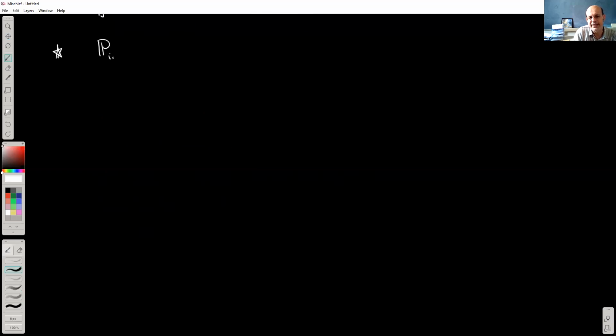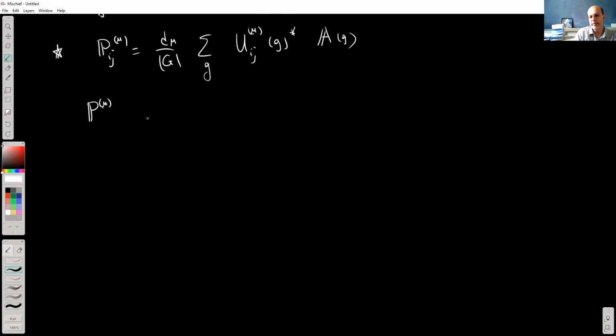Let's remember this P_ij mu, that's equal to d_mu divided by g, sum over the group elements of U_ij mu of g, complex conjugate, A of g, right? Let's remember this. In the case of P_mu, I'm going to sum them up. So there's a summation over i of the matrix elements in here.